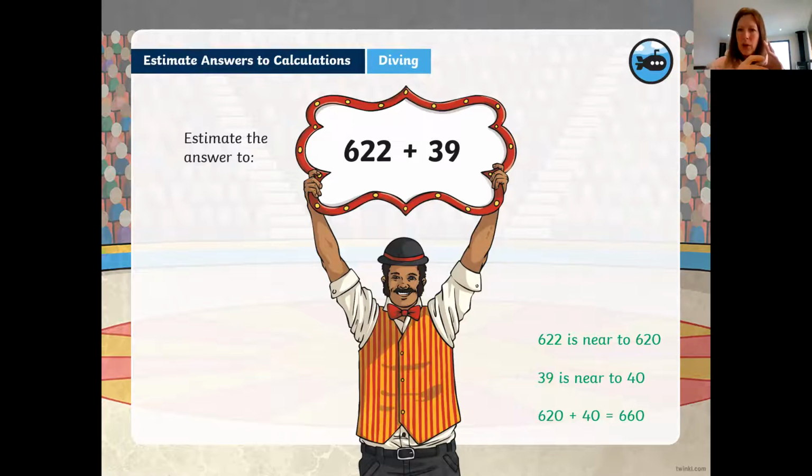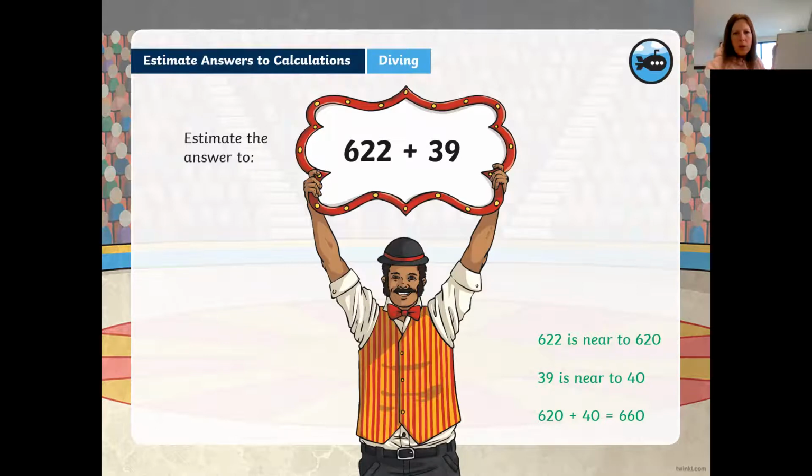That's my estimate. I'm expecting that when I add those two numbers, my answer is going to be close to 660. And if it isn't, then I've probably made a mistake somewhere. So let's just try it out together and see if that estimate is a sensible one for us to use.